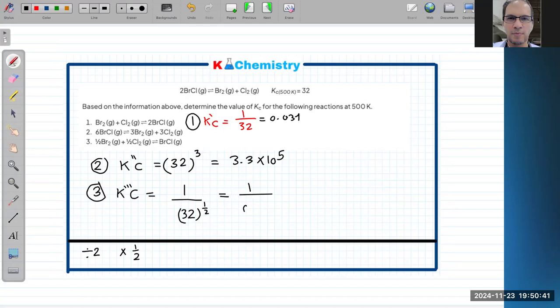1 over 0.031. Let's see on the calculator. 1 over 0.031.